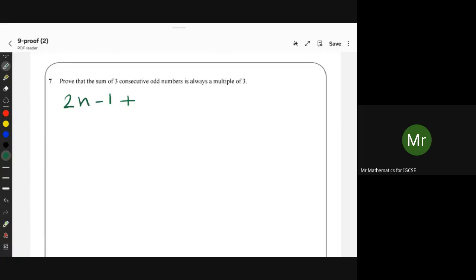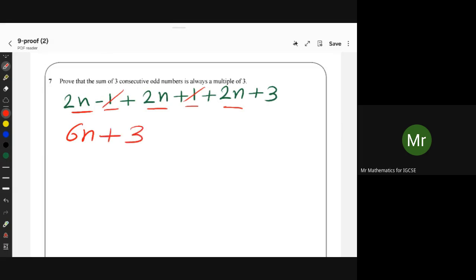The next is 2n plus 1. The next is 2n plus 3. Okay, so 2n plus 2n plus 2n is 6n. Negative 1 plus 1 cancelled, plus 3.